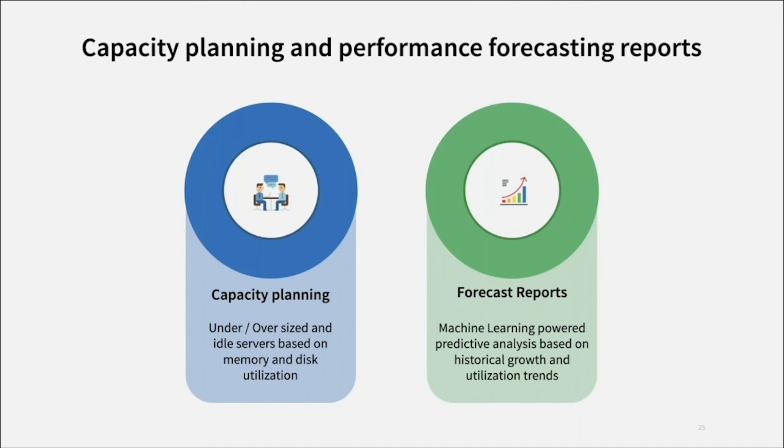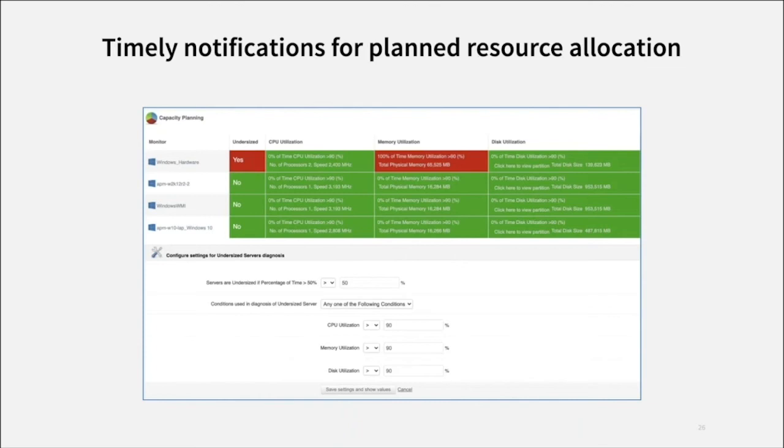And of course, before we go to the product, I would also like to show you some details about the capacity planning reports. If you see on the screen, this is exactly how the capacity planning report is going to look. And of course, this is not a product generated report as much as it is based upon the user's definition of what is an overused server or underused server.